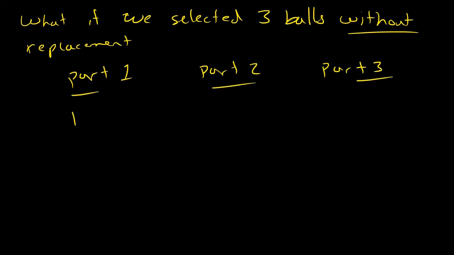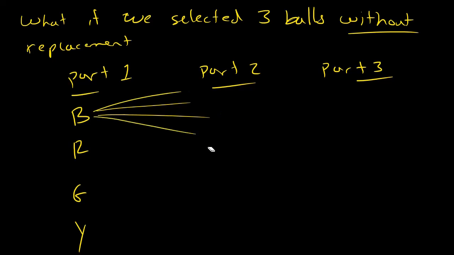The first ball can be blue, red, green, or yellow. Now, since we do not replace the first ball, we need to be careful here, because when we get the second ball, if the first was blue, then the second ball can only be red, green, or yellow. All right, and if the second ball was red, then the third ball can only be green or yellow.